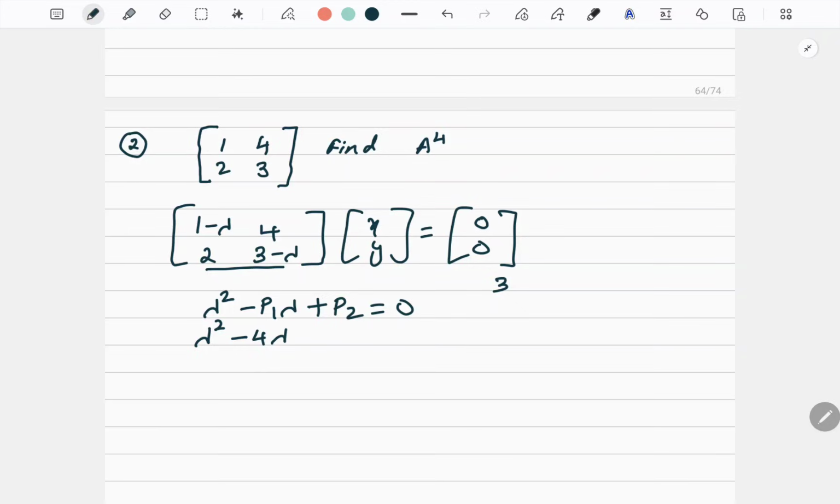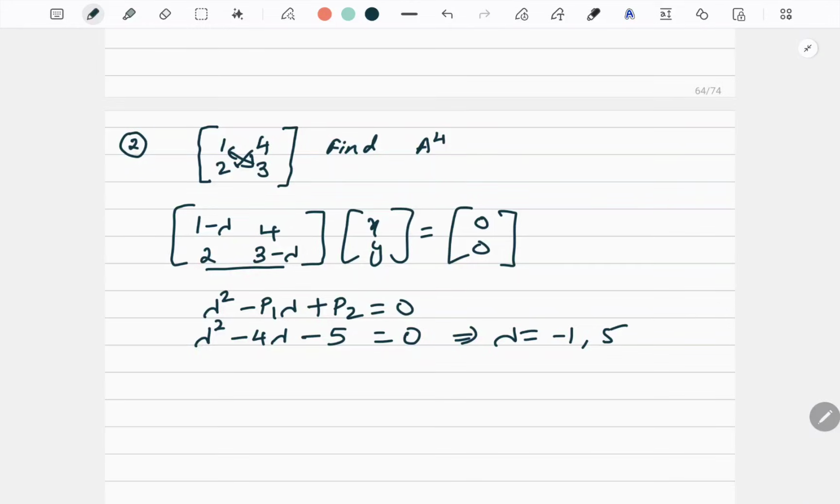Okay, and then for 3, minor is 1. So it will become, so minus 5. 3 ones are 3, minus 4 twos are 8. So this is the characteristic equation. If you solve this, you will get lambda is equal to minus 1, 5. Use calculator to solve this to avoid the mistakes.